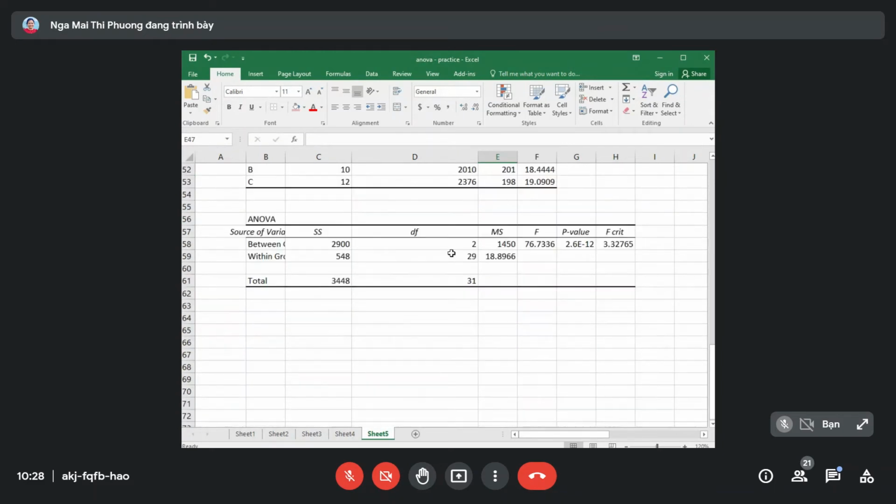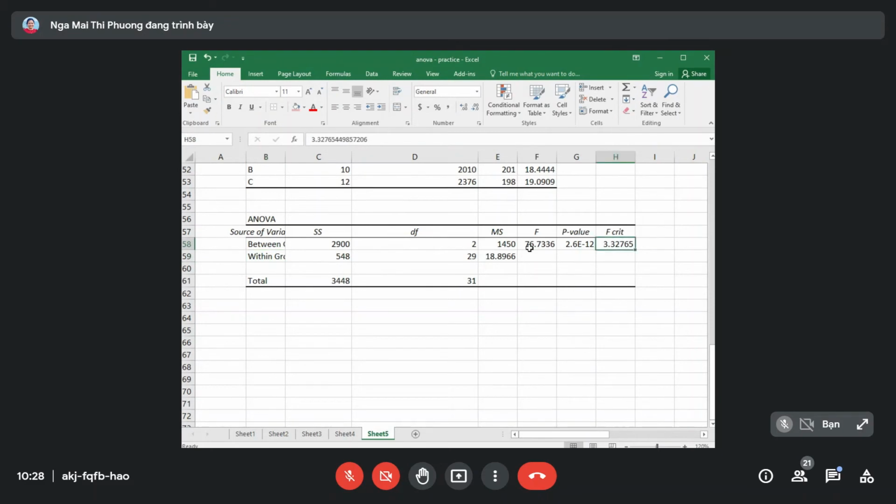The ANOVA table I asked you to show me, we just do together. So we have the variance of totals, variance of treatments and variance of errors. It helps you to calculate the sum of squares, degrees of freedom, variance, F ratio, and F limit or F crit.